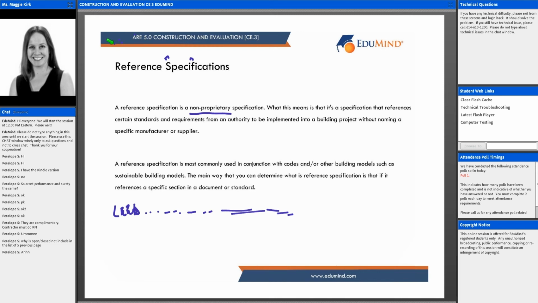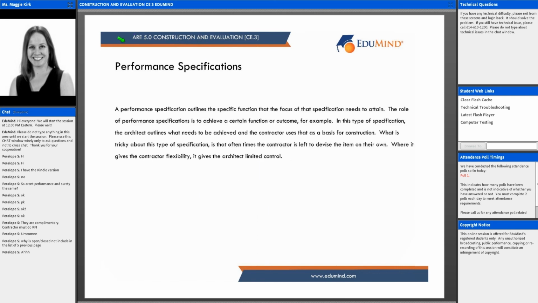That would be an example of a reference specification. It's not just about sustainability, it could be code or anything else. So just remember that this references a document or a standard that regulates and controls how this work is to be performed.